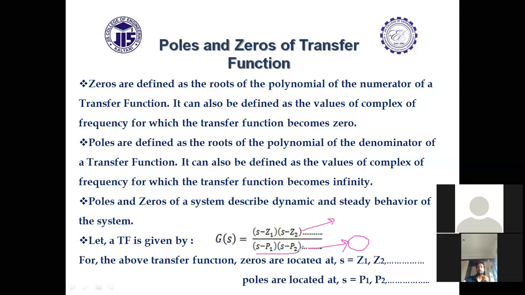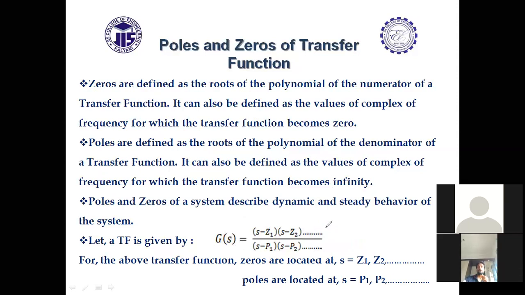If the denominator part of the transfer function is equated to 0, you'll get some values of s for which the denominator part becomes 0, or for which the transfer function becomes infinite. Those values of s are known as poles. Poles are defined as roots of the polynomial of the denominator of a transfer function. It is also defined as the complex frequency for which the transfer function becomes infinite.